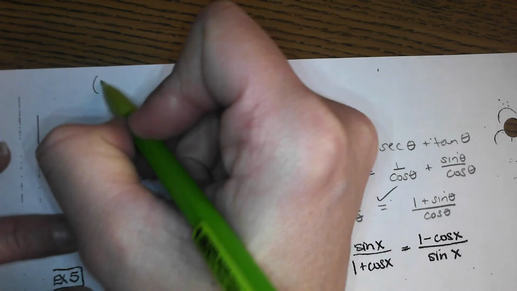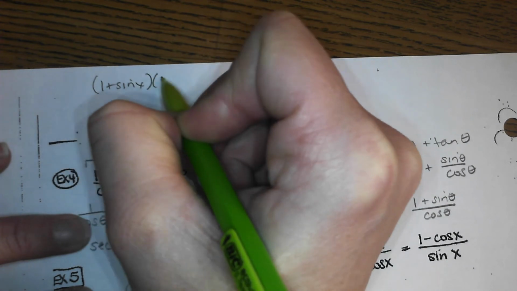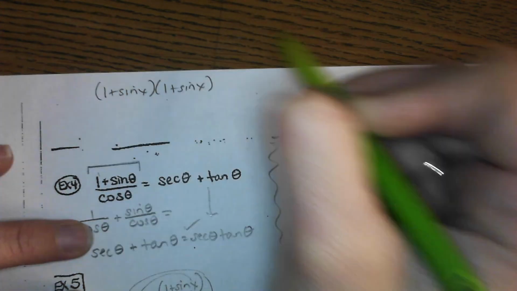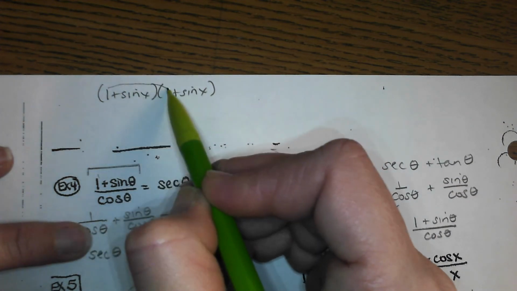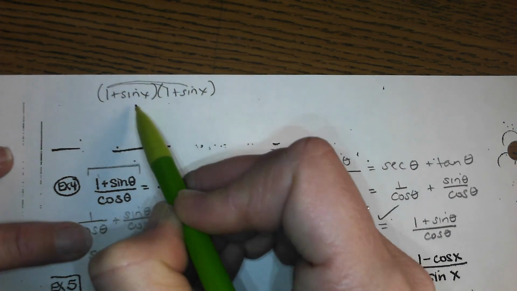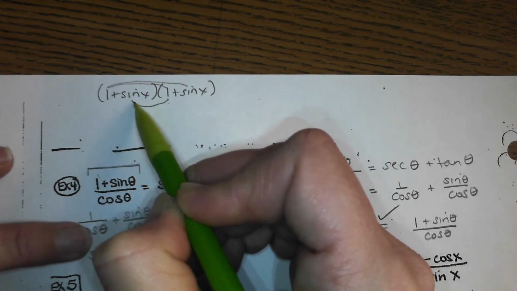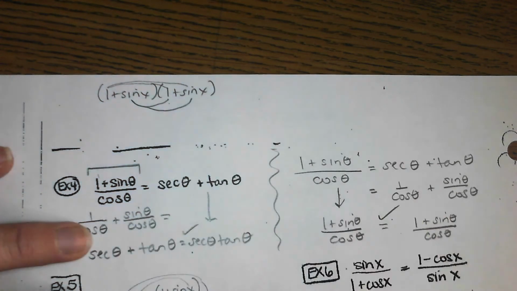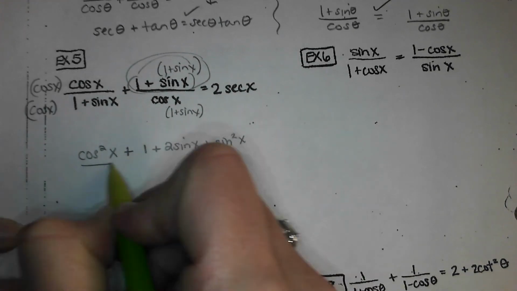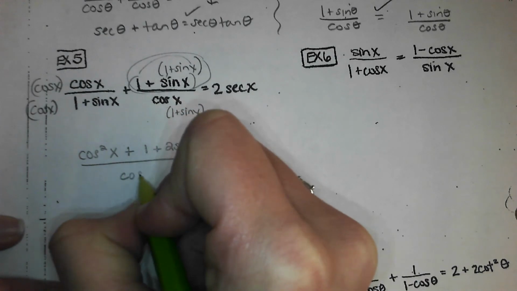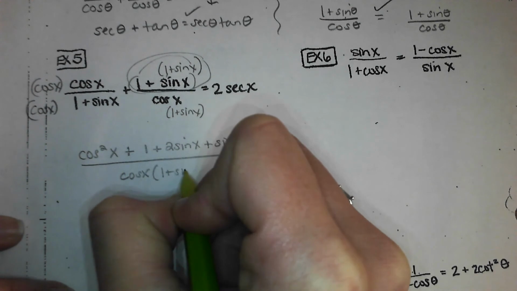So if you really need to take the time to write it side by side, I would encourage you to do that. Don't try to take shortcuts you're not comfortable making. So 1 times 1 is 1. 1 times sine x is sine x. 1 times sine x is another sine x. Sine x times sine x is sine squared. Combine like terms, and that's what you have. And it's all over your common denominator of cosine x, 1 plus sine x.